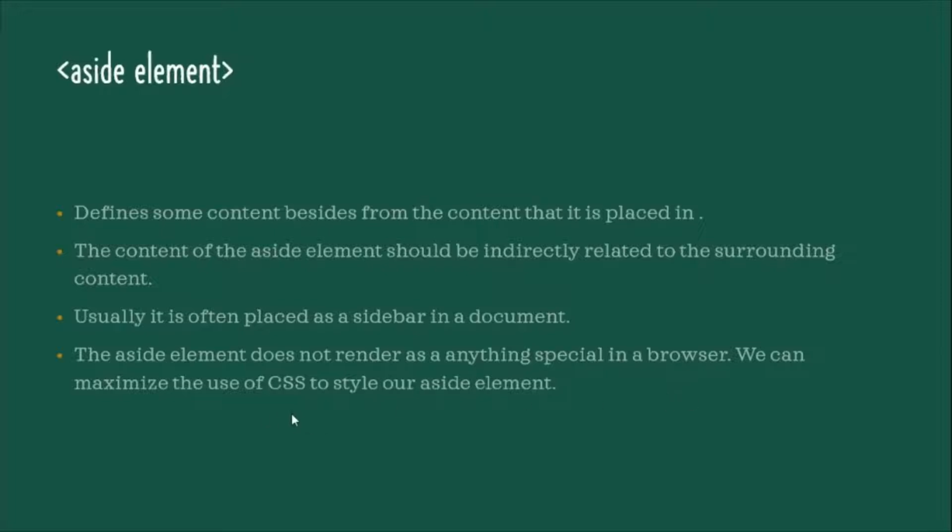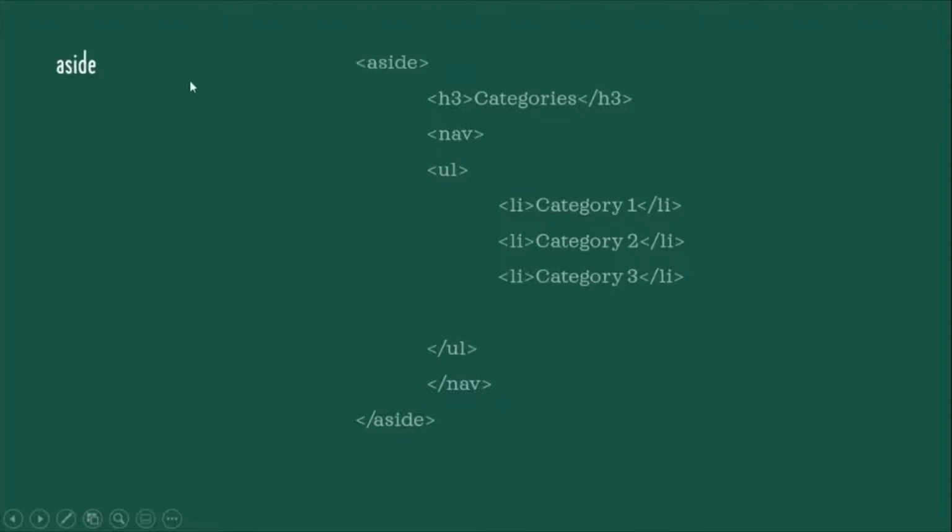We can maximize the use of CSS to style our aside element. For example, we can use a navigation inside of it, and we can categorize some content that can be shown on the sidebar of our HTML document.